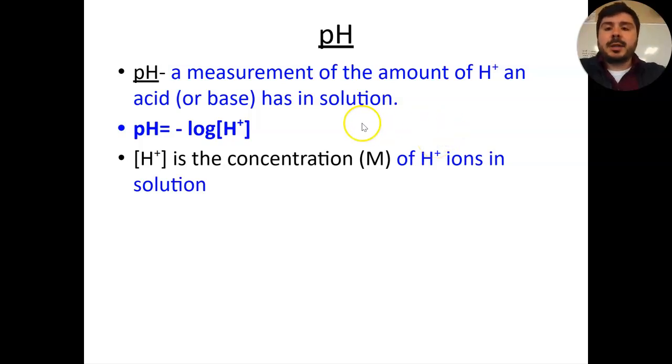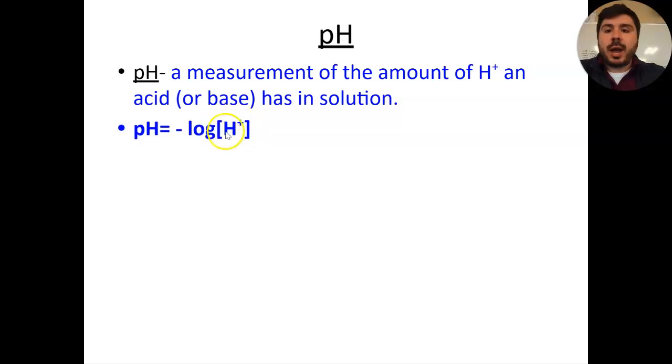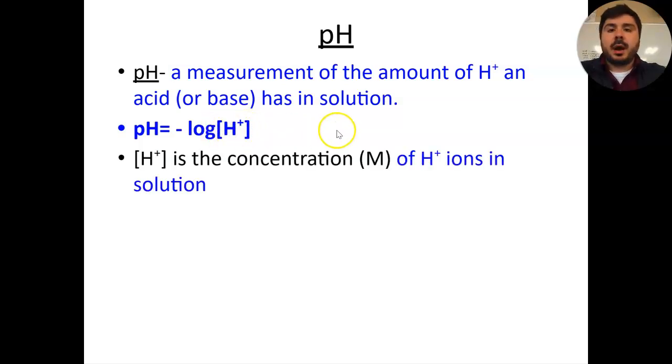But one thing I do want to hit on here, guys, is the fact that in this equation you've got two brackets around this H plus ion. This is something that's a recall from when we did our rate of reaction lab, and you guys had those data tables where one of the columns actually had the letter A in brackets.